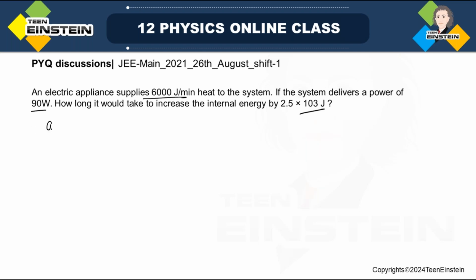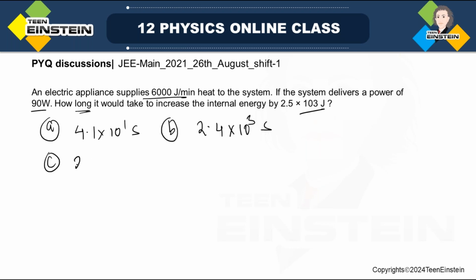The question asks you to find out the time, how long. Option A is 4.1 into 10 to the power 1 second. Option B, 2.4 into 10 to the power 3 second. Option C, 2.5 into 10 to the power 1 second again.